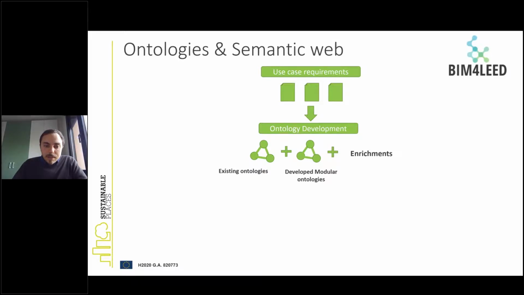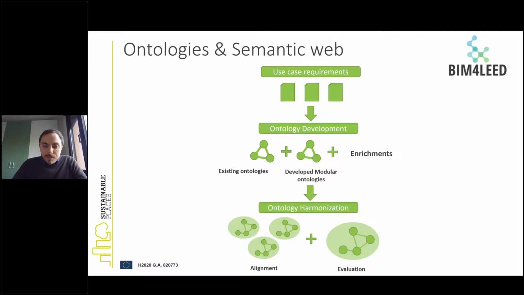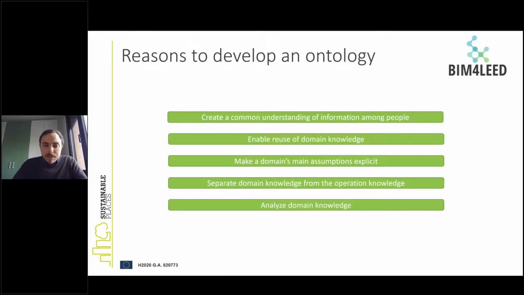So take the existing ontology, develop modular ontology plus enrichments, and do ontology harmonization. So in this way, with ontology, that is essentially rules that explain what the LEED certification asks to us.